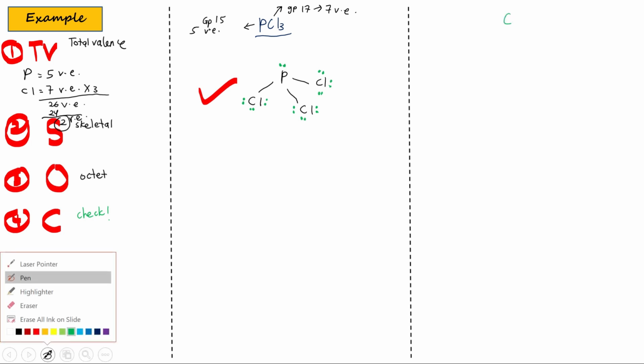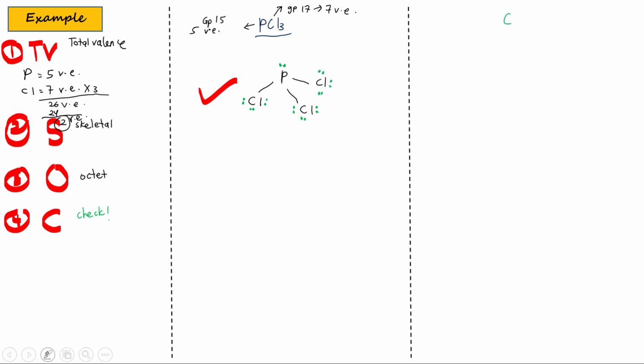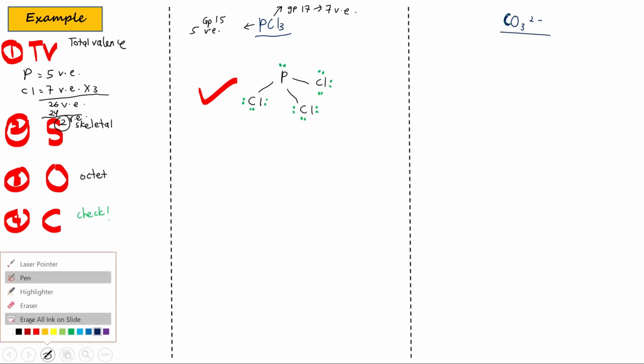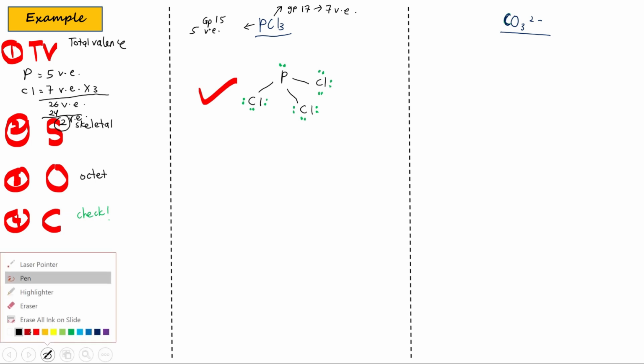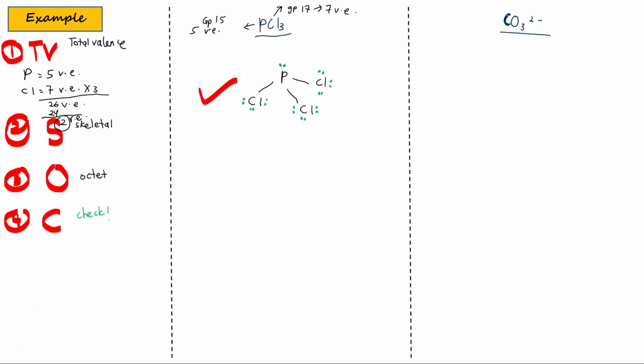Next, we try another example which involves polyatomic ions. For example, I have carbonate ion, CO3 2 minus. Now we repeat the same steps, in which the first step is TV.